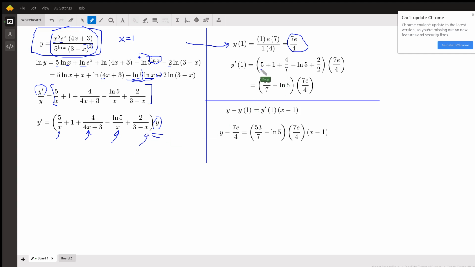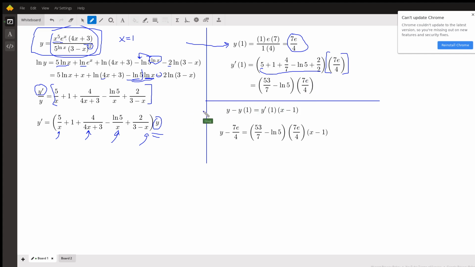Okay, and we get 5 plus 1 plus 4/7 minus ln of 5 plus 2 over 2 times, remember that value of y sitting out to the right. If we add all these, collect similar terms, I should say, we get 53/7 minus ln of 5 over 2 times 7e over 4.